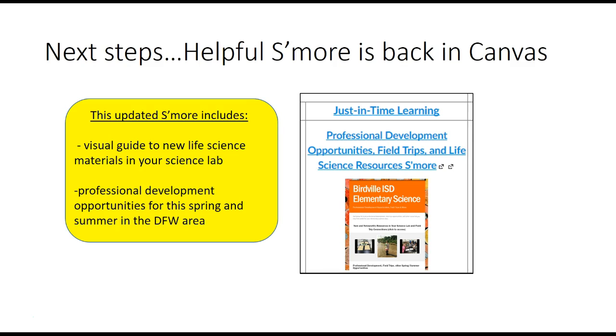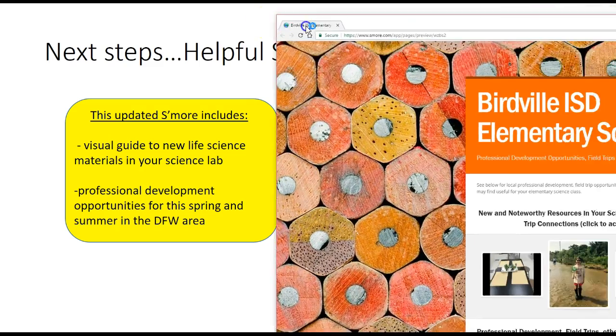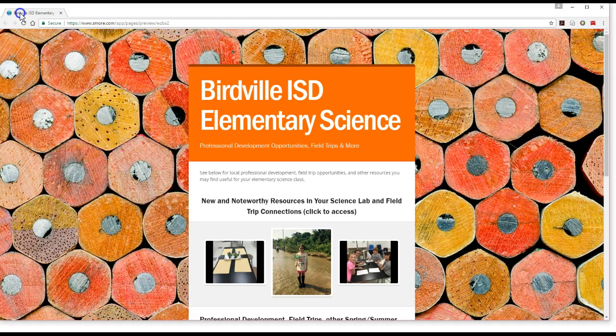Okay, and then finally, I just want to remind you that back in Canvas, there's a Smore that I've created for you, and it has a visual guide to some of the new life science materials that are in your campus science lab, ready for you to use. So it's just a picture glossary of what's in there, so you know what to look for. And then I've also got some professional development opportunities. We're so lucky to live here in the Metroplex where we have so many things available to us.